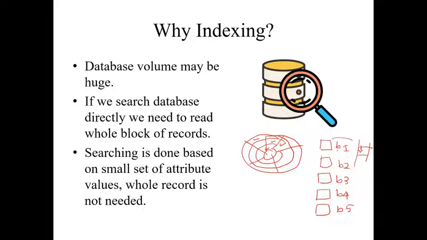If it is there, we don't need to read the other blocks, but if it is not there, we have to read the next block, and we keep doing this until we find the record. So we are spending much time reading blocks and then searching. This is very time consuming.